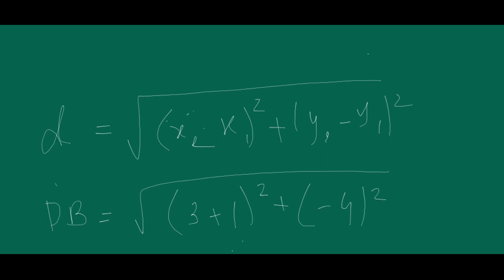So this will be 4, 2 times root 32. Root 32 can be written as 2 into 16. The root of 16 is 4. So the BD length will be 4 root 2. Okay. Did you understand how we obtained the BD length?